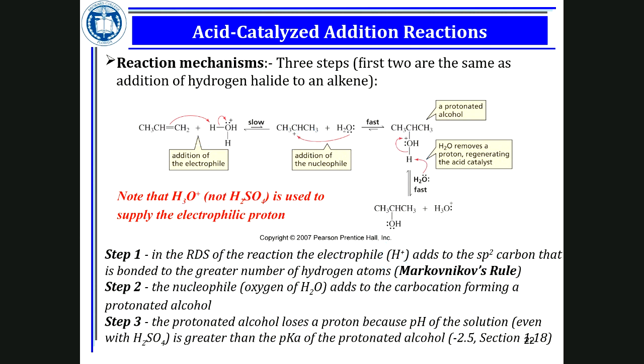You have oxygen with 2 hydrogens, or OH2, attached to this carbon, but there is a plus charge on oxygen. What should we do? What are the two choices? Remove water. If we remove water, the plus charge goes back to the carbon, then we end up with what we had as intermediate. What is the other choice?